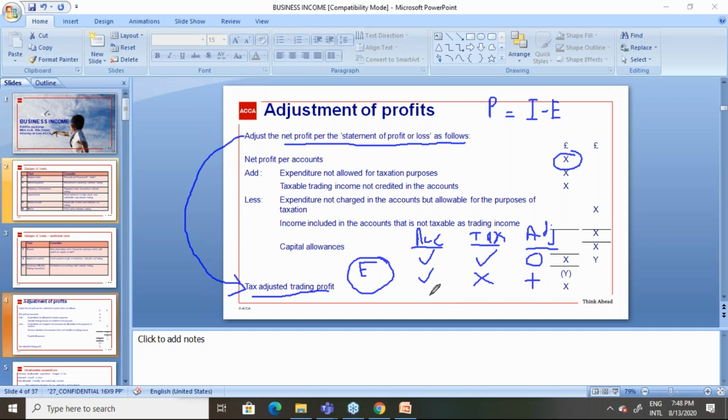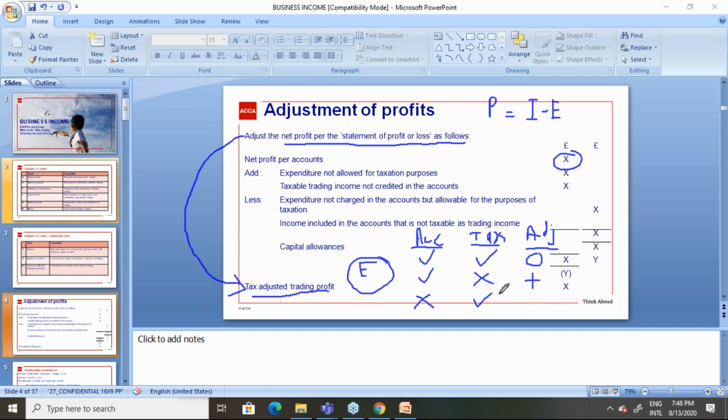Likewise, there are certain expenditures not acceptable in accounting, but only allowed in taxation. The example that I can give you is capital allowances. It's not a concept recognized in accounting, but only acceptable in taxation.